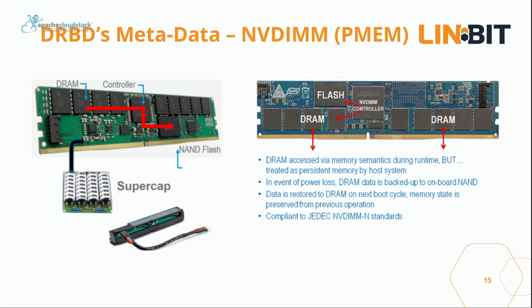It physically contains DRAM plus a NAND and a power source that allows it, in the moment when the machine fails, it uses the power from the supercap to flush the content of the DRAM into the flash, right?